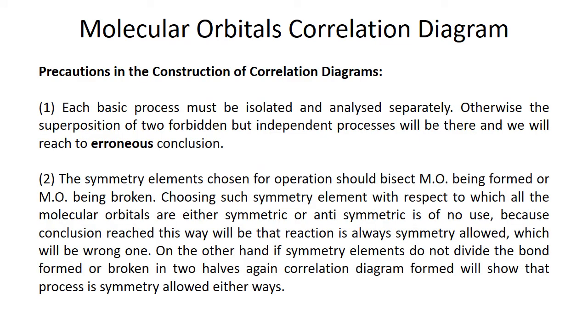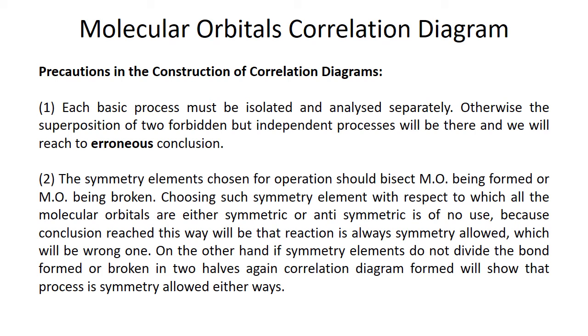There are a few rules that we have to follow while constructing these molecular orbital correlation diagrams. You have seen the molecular orbital correlation diagrams in case of ethylene, when we studied molecular orbitals of ethylene and correlated them in their reactions. And we have also studied some correlation diagrams of butadiene converting to cyclobutene.